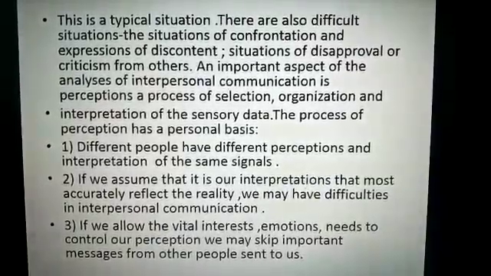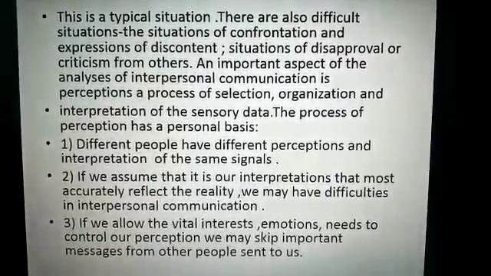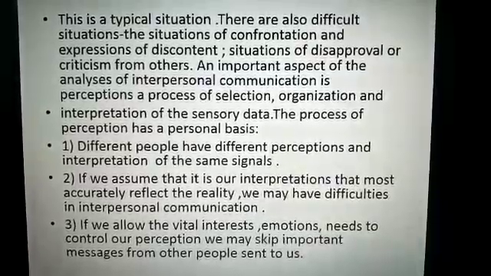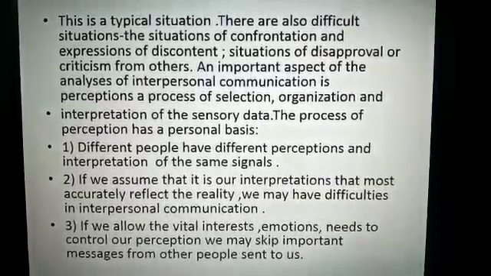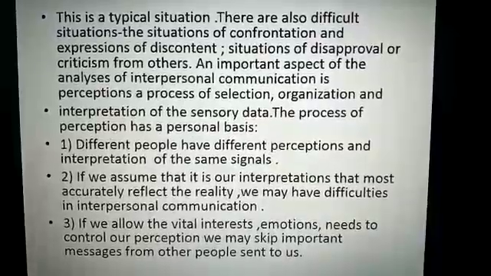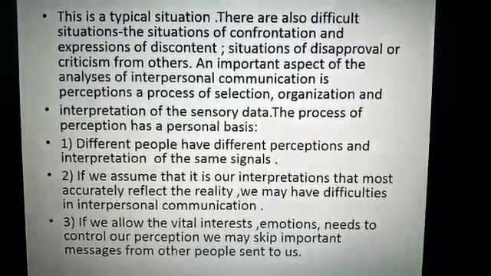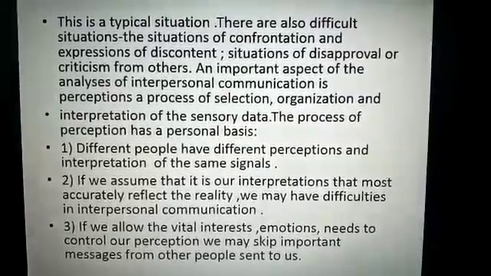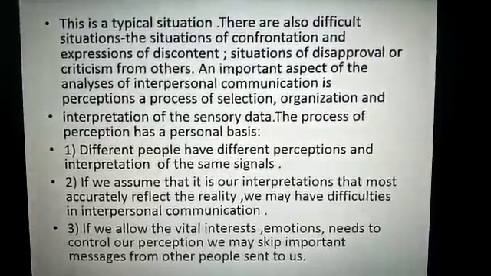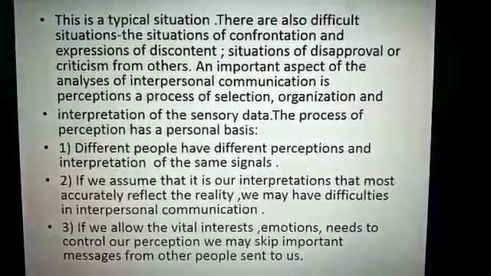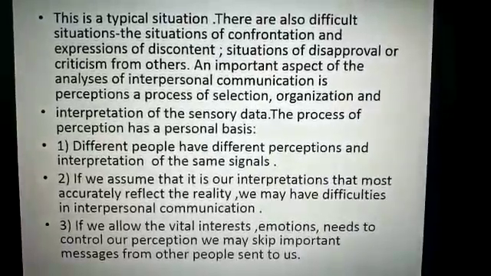The second rule: if we assume that it is our interpretations that most accurately reflect the reality, we may have difficulties in interpersonal communication. And the rule number three: if we allow the vital interests, emotions, needs to control our perception, we may skip important messages sent to us by other people.